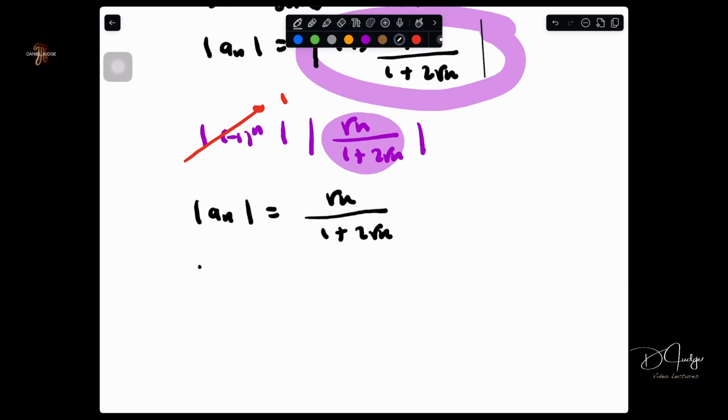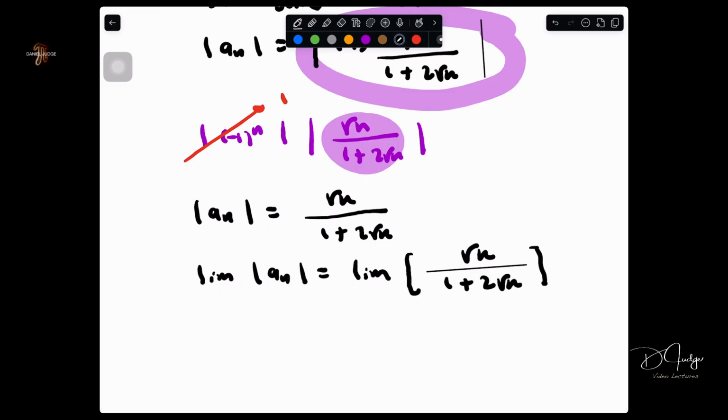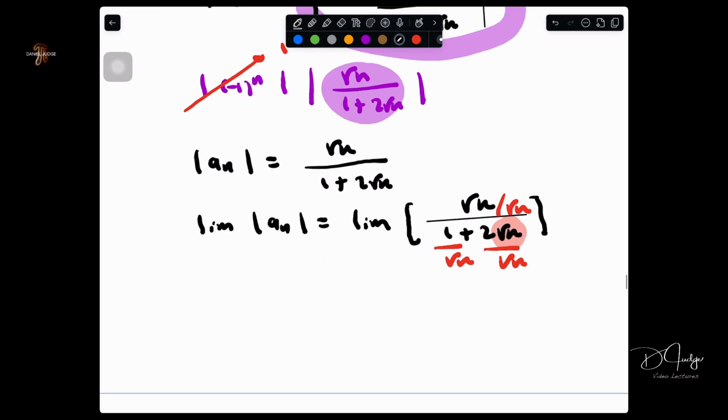Okay, so as you apply the limit to the absolute value, that's the limit of square root of n over 1 plus 2 square root of n. You're going to take now that square root of n, divide every term by the square root of n, just like you did in calculus 1.